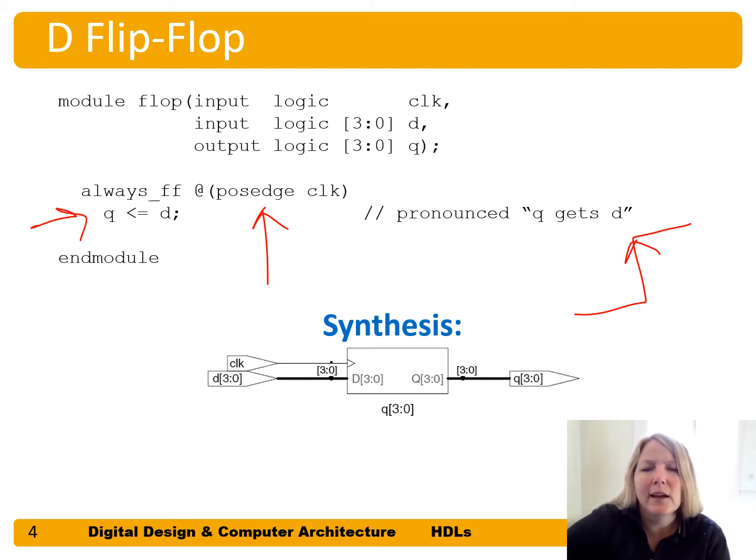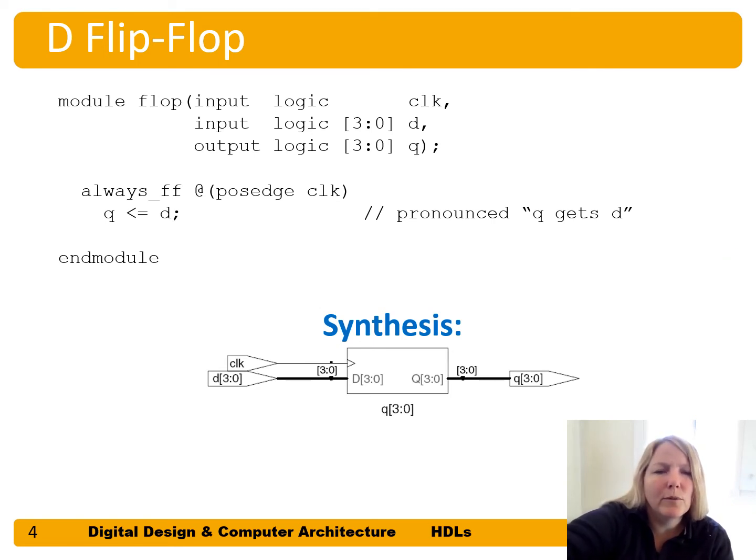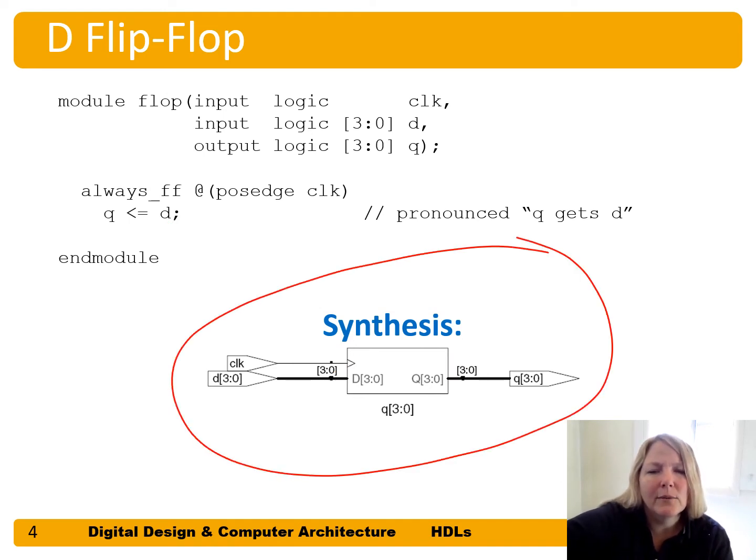So at the positive edge of the clock, when clock rises from 0 to 1, then perform that statement, which is Q gets D. So D transfers over to Q. And so when we synthesize this HDL, we end up with exactly what we expect, a D flip-flop.